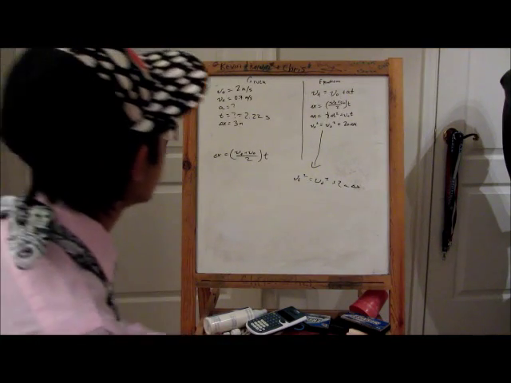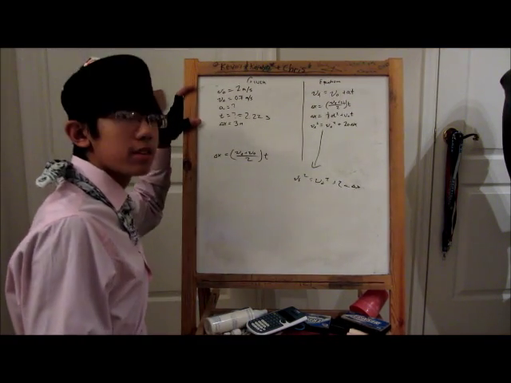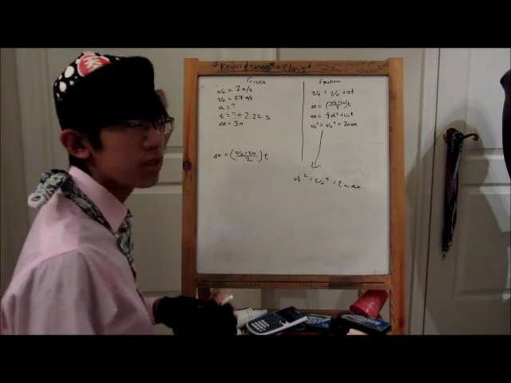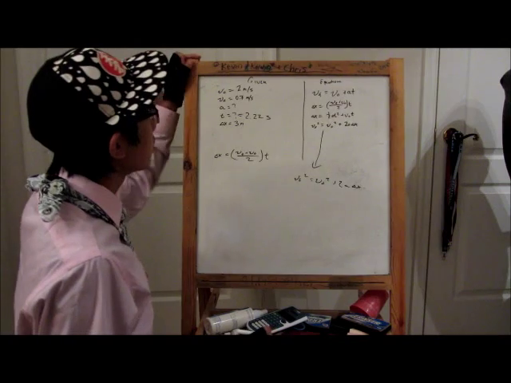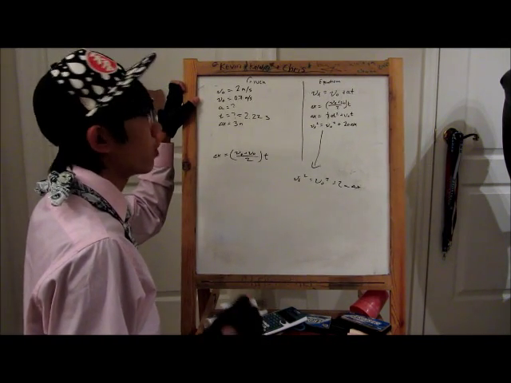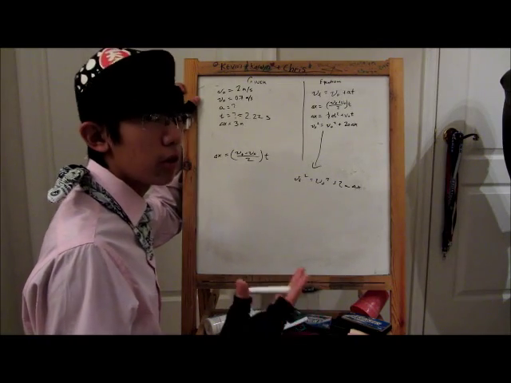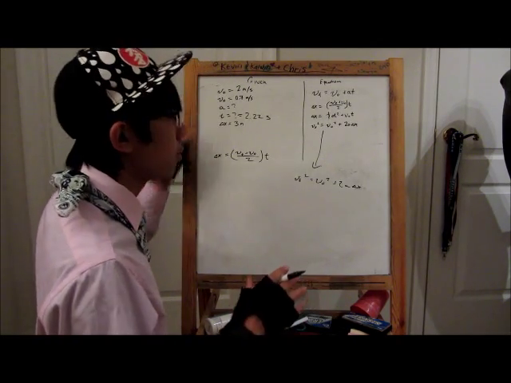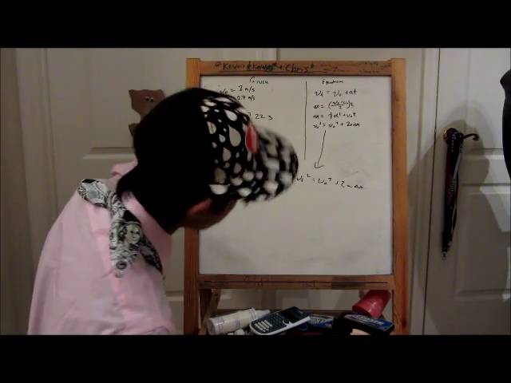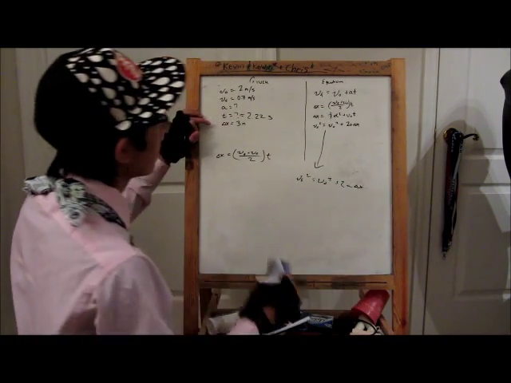Alright, so we have our givens set out, and we have our equations. Now we're just going to substitute. So we knew that the initial velocity was 2 meters per second, and that the final velocity is 0.7 meters per second, which makes sense because the ball is slowing down due to friction between the ball and the ground. And we calculated displacement to be 3 meters.